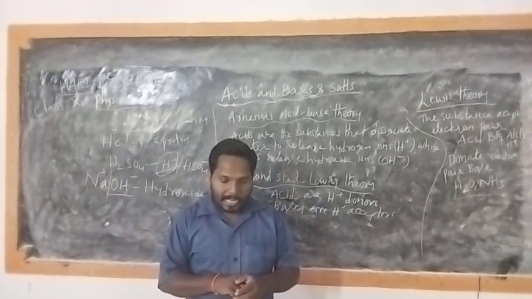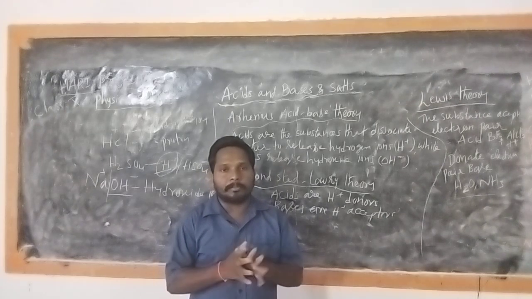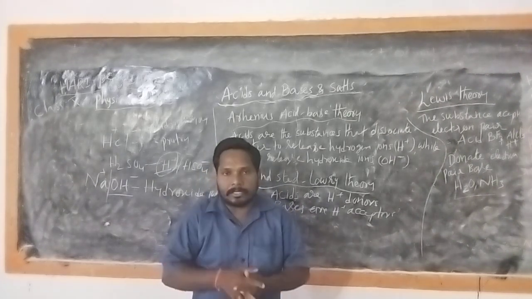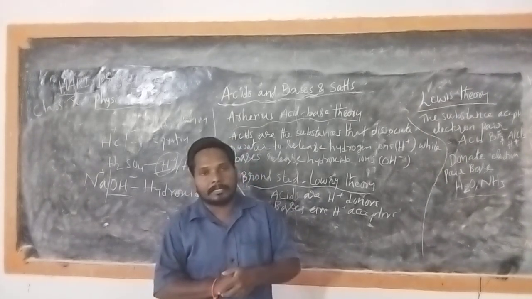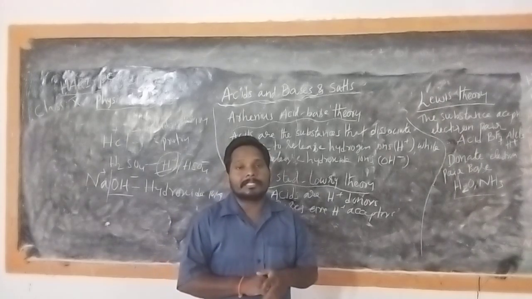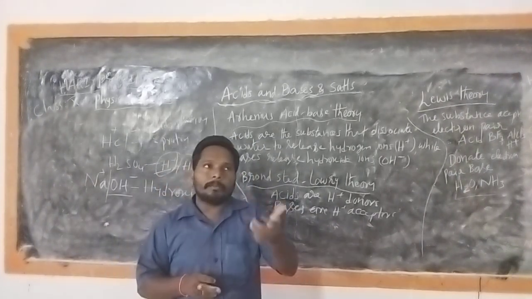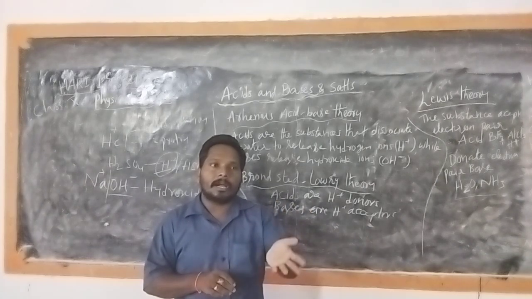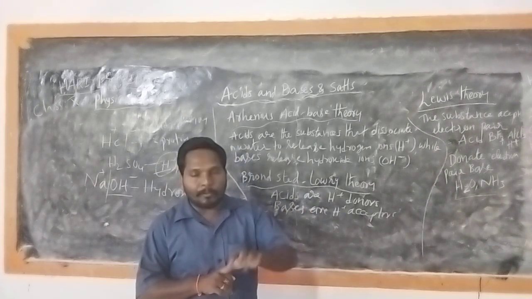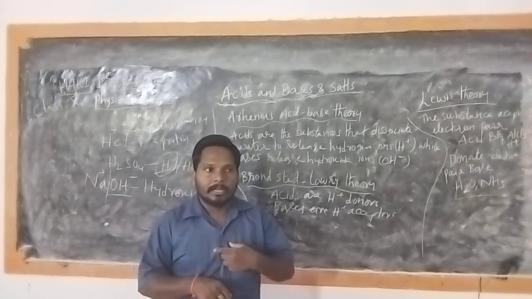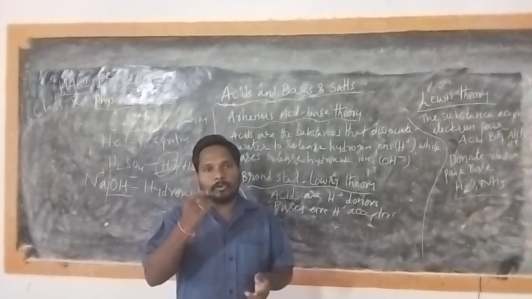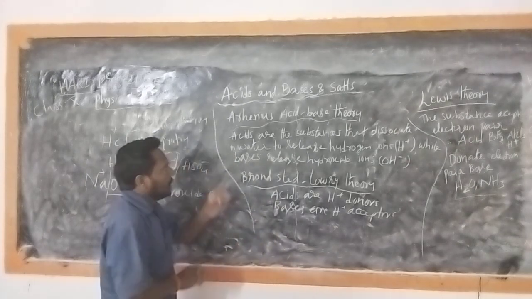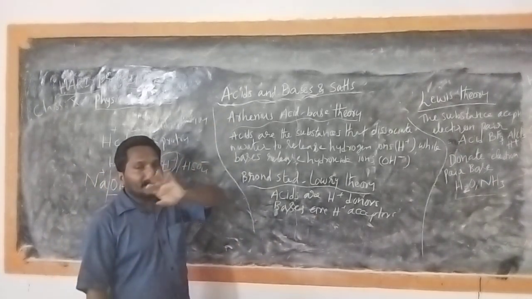This theory is limited to aqueous solutions, that means substances dissolved in water, and doesn't explain acids and bases in non-aqueous solvents. Carbon tetrachloride, benzene, petrol are non-aqueous solvents. If a substance is dissolved in a non-aqueous solvent, this theory doesn't explain whether it is an acid or a base.